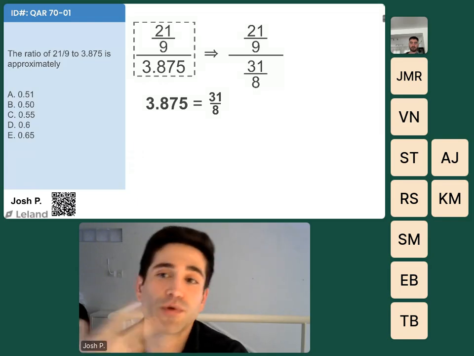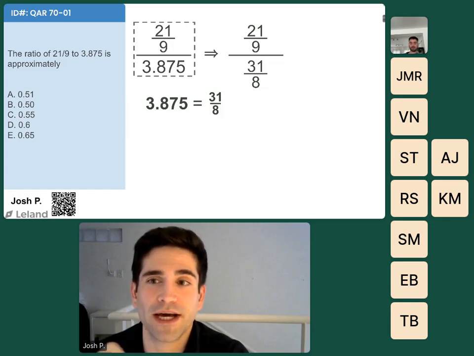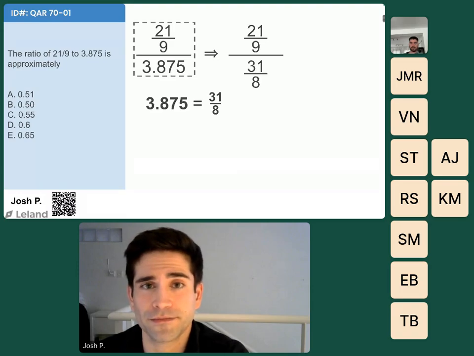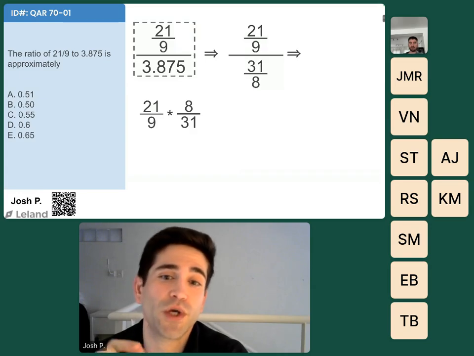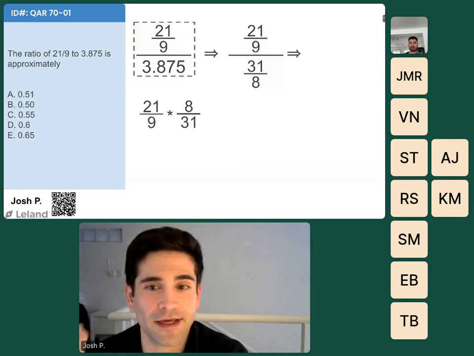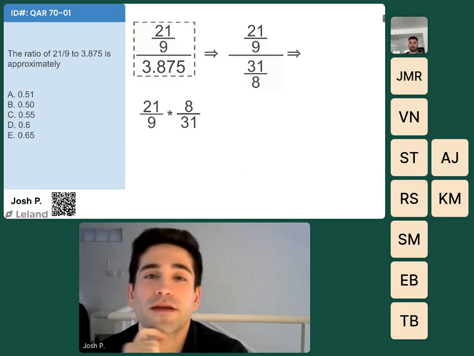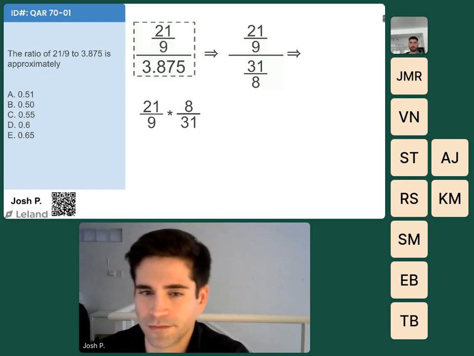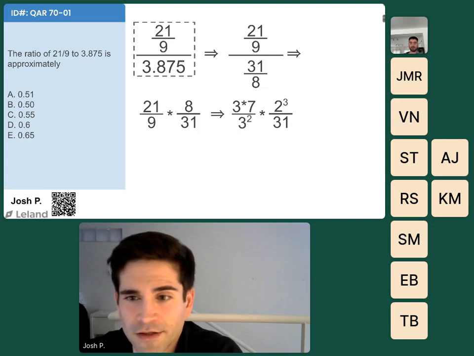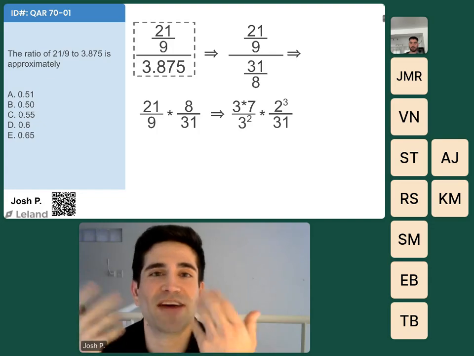So we can visualize the question as: what is 21/9 divided by 31/8? This is equivalent to 21/9 times 8/31. We pass the division by flipping the fraction, and we multiply. Now we want to see what these numbers are made of. We want to prime factorize.